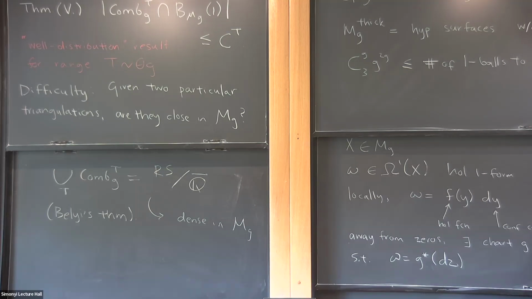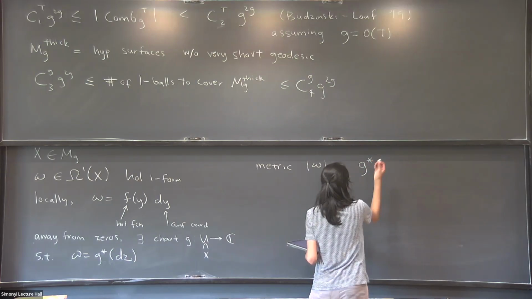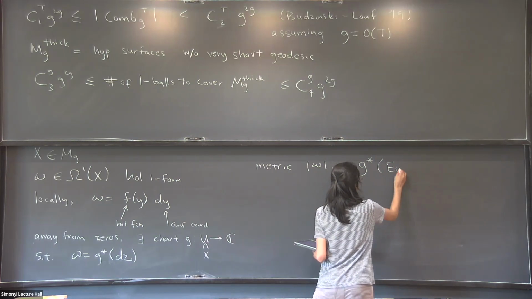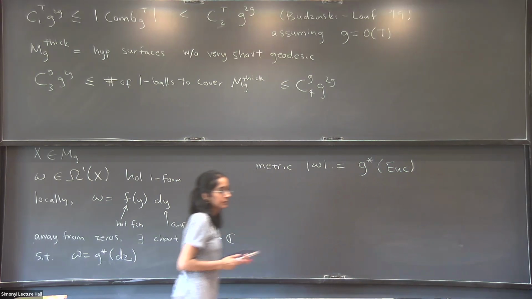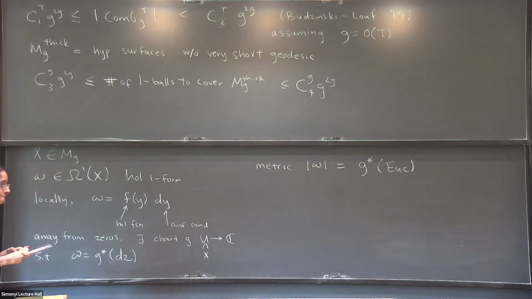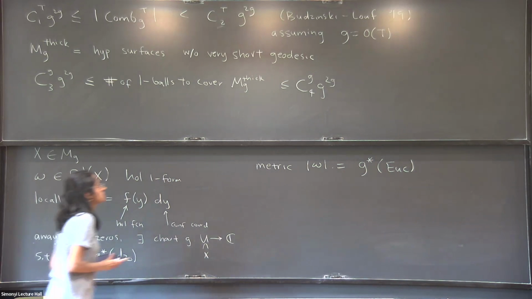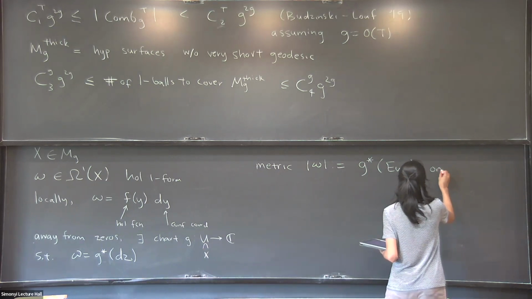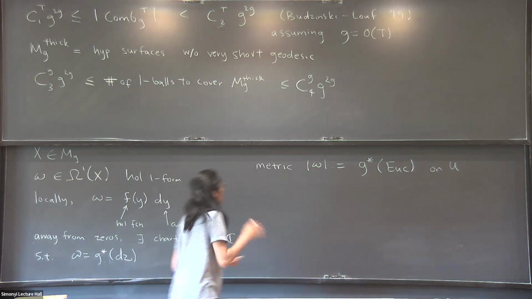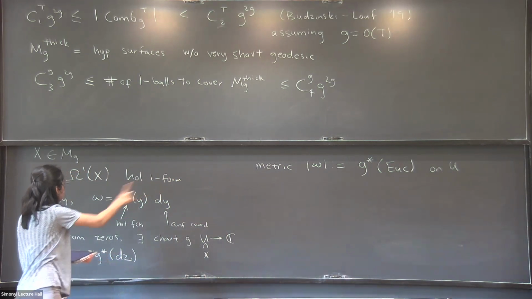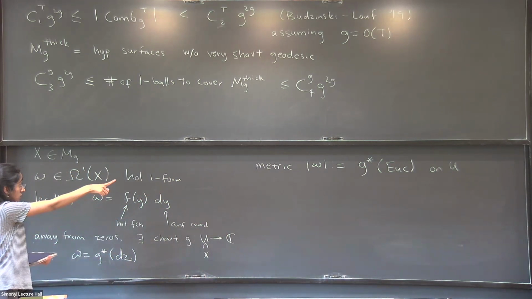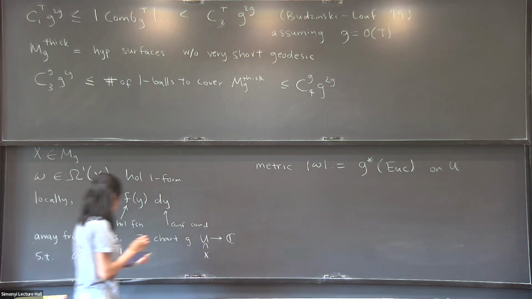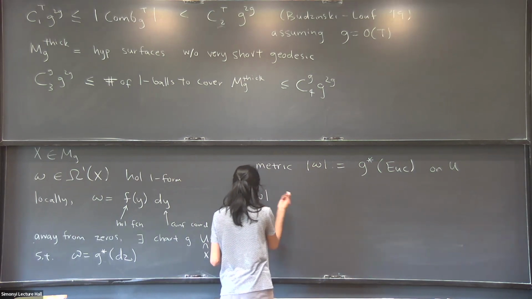It is simply gotten by pulling back the Euclidean metric, and you can patch those up to get a conformal flat metric.